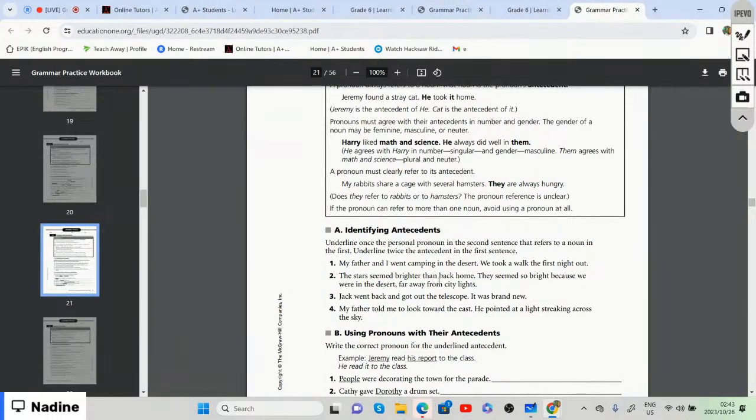All right, so here we need to identify the antecedents. They say underline once the personal pronoun in the second sentence that refers to a noun in the first.